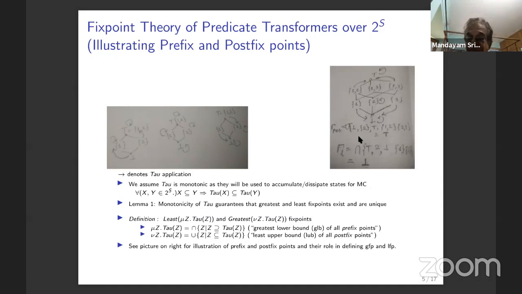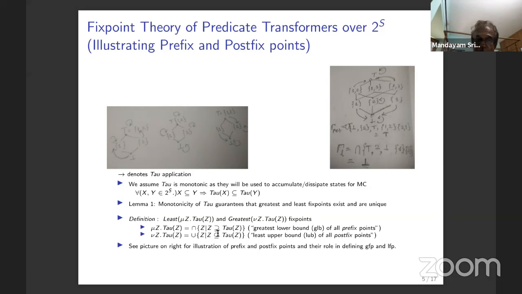As you go up the chain, the bottom, 1, 2, and 2, 3 are all post-fixed points. I'm sorry, they are the prefix points, and these are post-fixed points. These are prefix points.